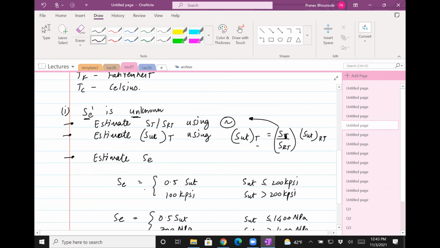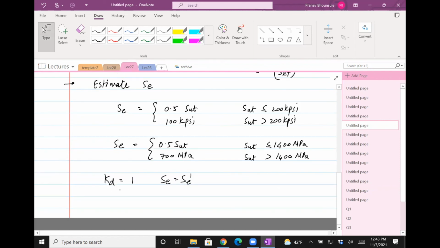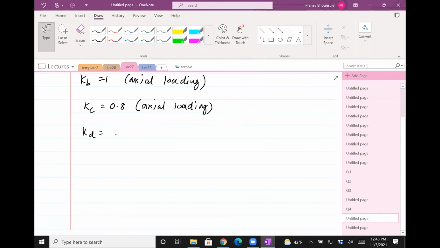We found it as 0.5 SUT, and SUT was at the elevated temperature. In that case, we need to assume KD equals 1, and that's what I'm going to use here, since SE prime at 650 was not known.